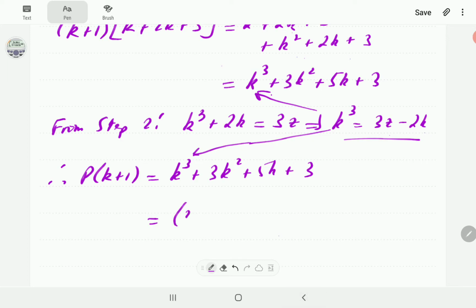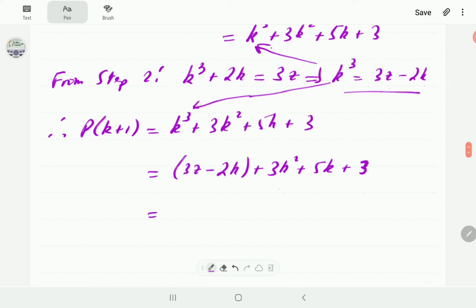So we're going to have 3z minus 2k, and then plus 3k squared plus 5k plus 3.